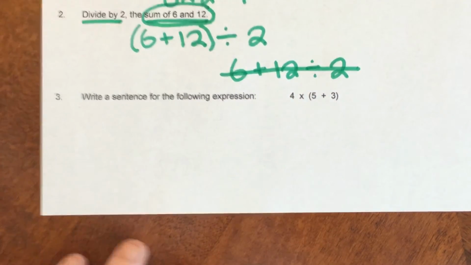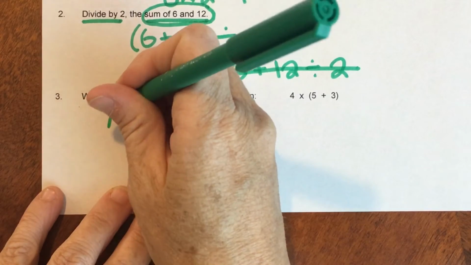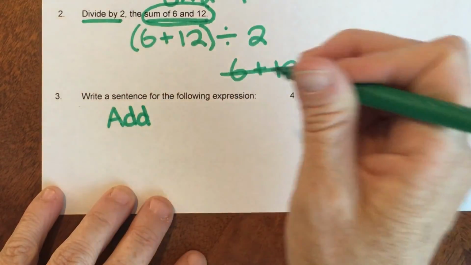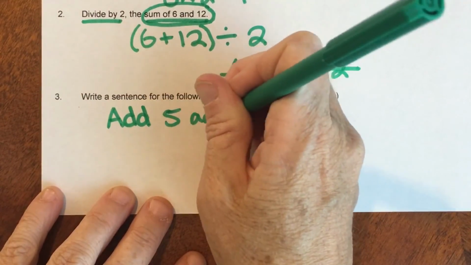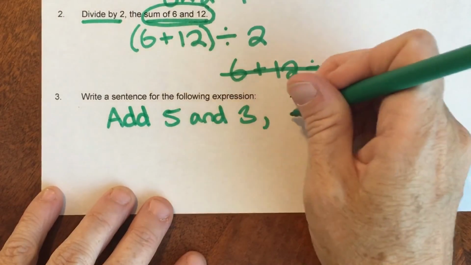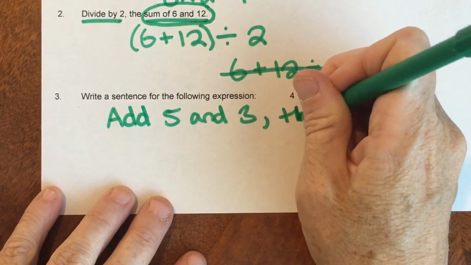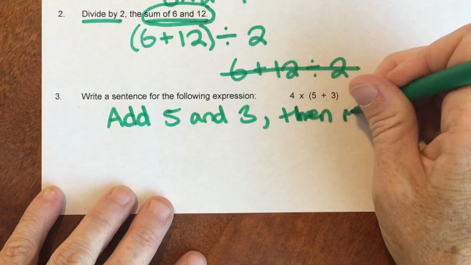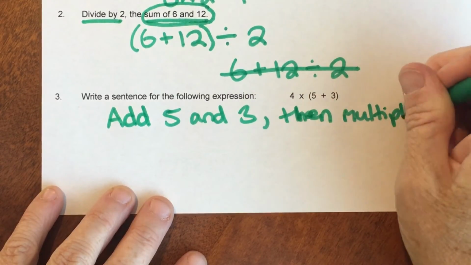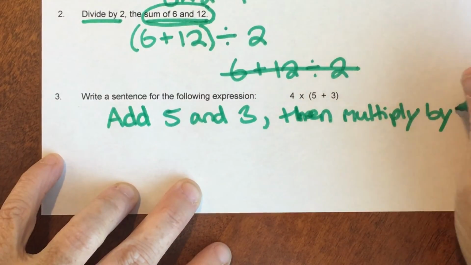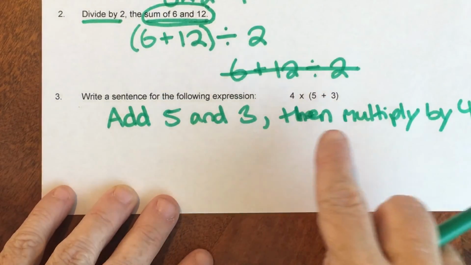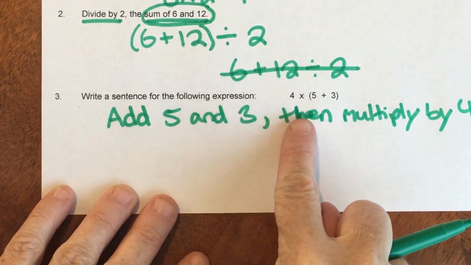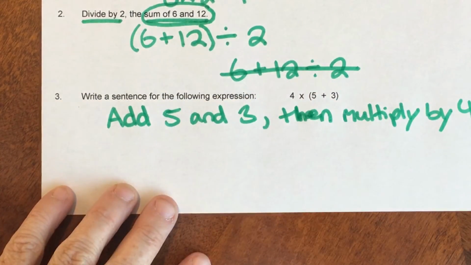So I could maybe say, add 5 and 3, then multiply by 4. And that's pretty clear that I want this done first and then I'm going to do that.